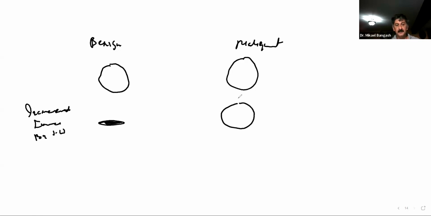Or even if it is, you can say the degree of compression of a malignant tumor is going to be lesser than the degree to which a benign tumor or mass is going to be compressible. Why? Because this is more hard. This is less compressible. Did that make sense?